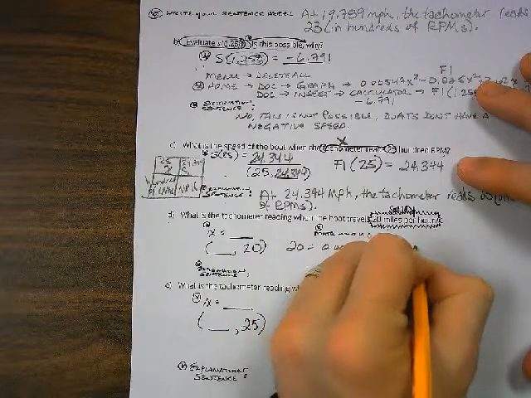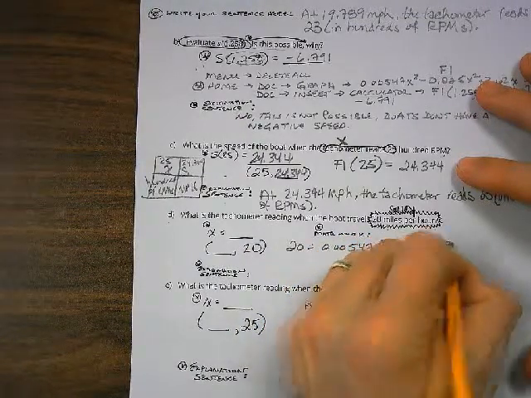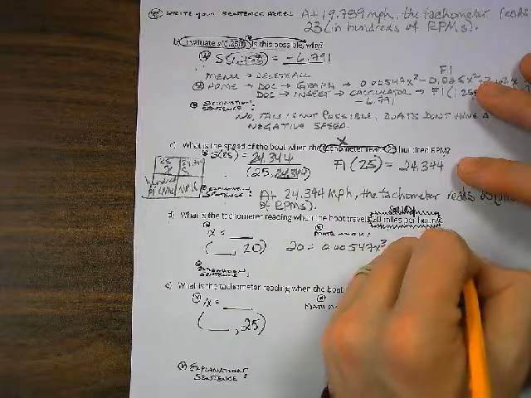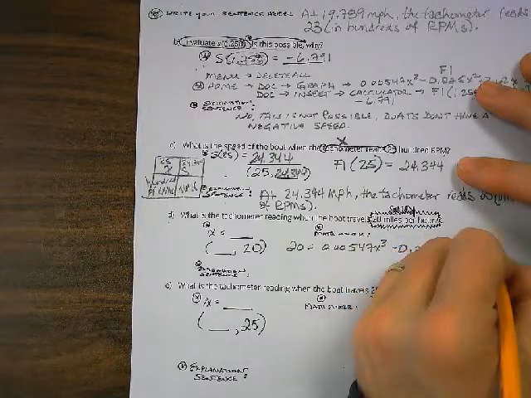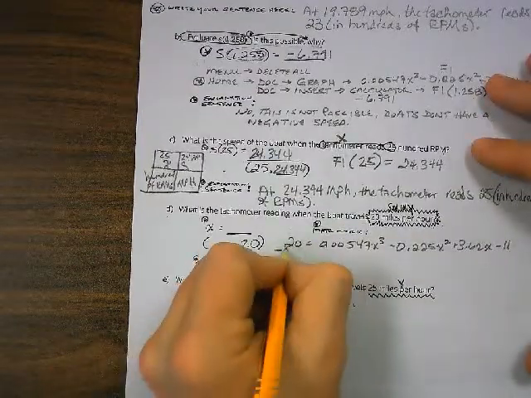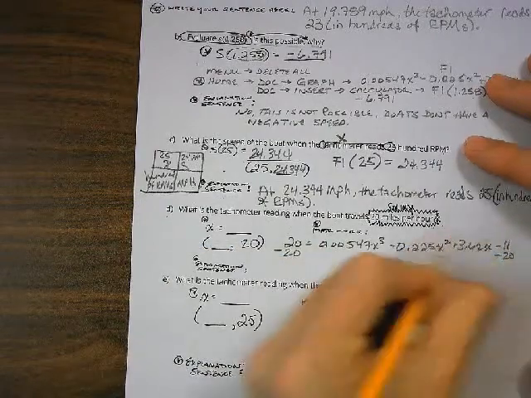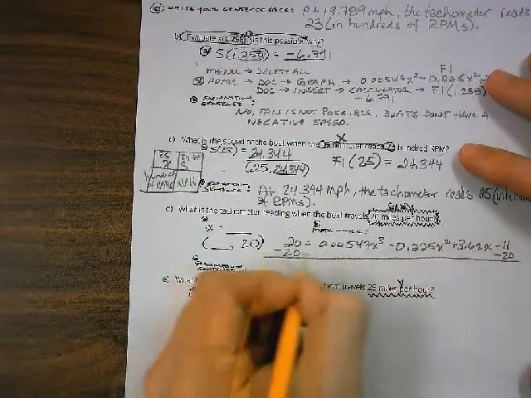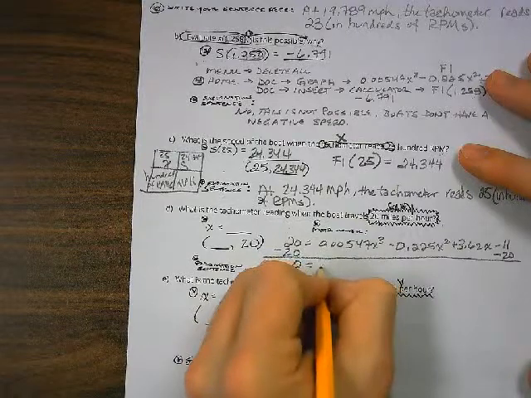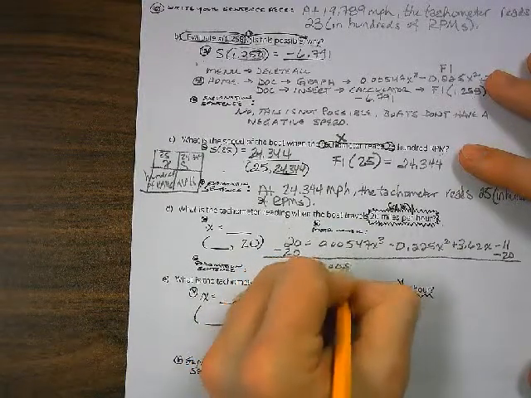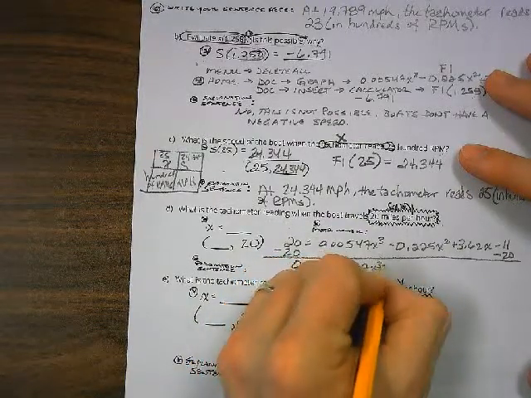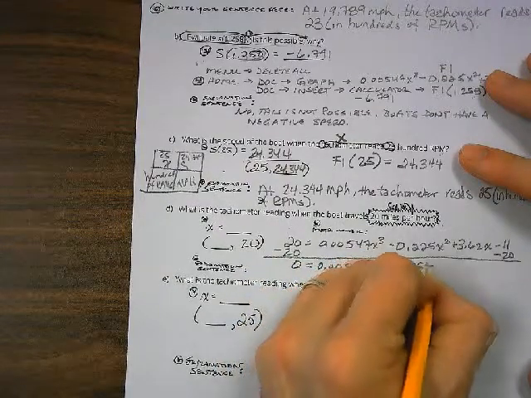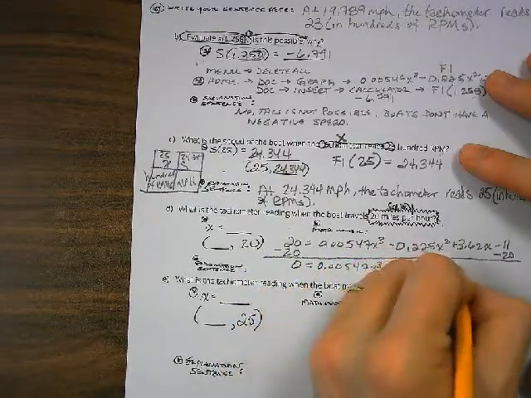So you want to subtract 20 from both sides, and you can see it's going to be 0 equals, and then this function right here, minus 11 and minus 20 is minus 31. So this is a new function that goes into your calculator.